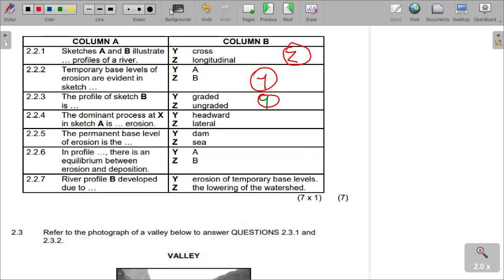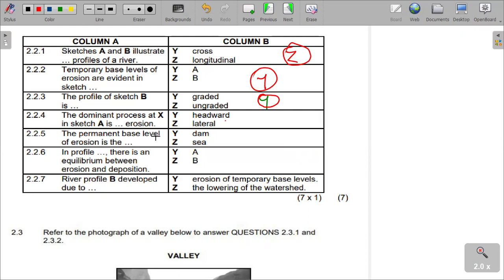The next question says the dominant process at X in sketch A is dash erosion.